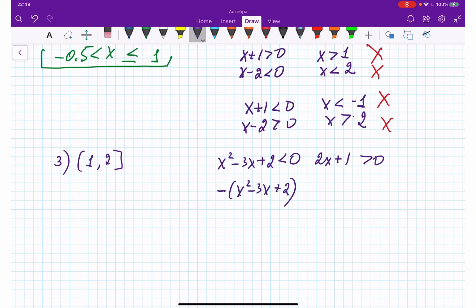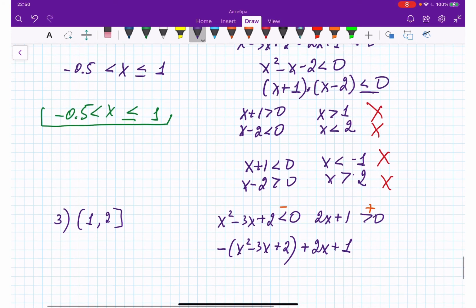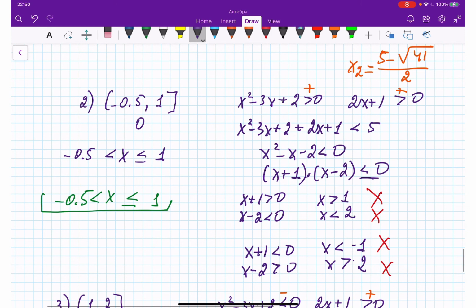Why? Because here we have negative, here we have positive, right? So it's going to be negative, and plus 2x plus 1, right? We need to get greater or less than 5? Okay, less than 5.